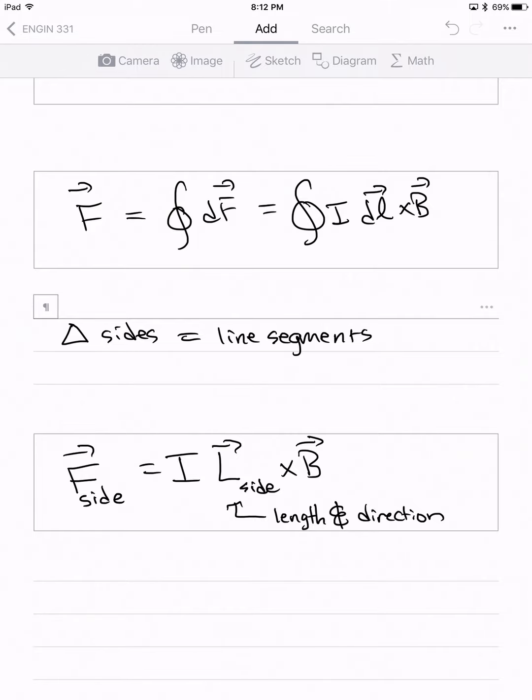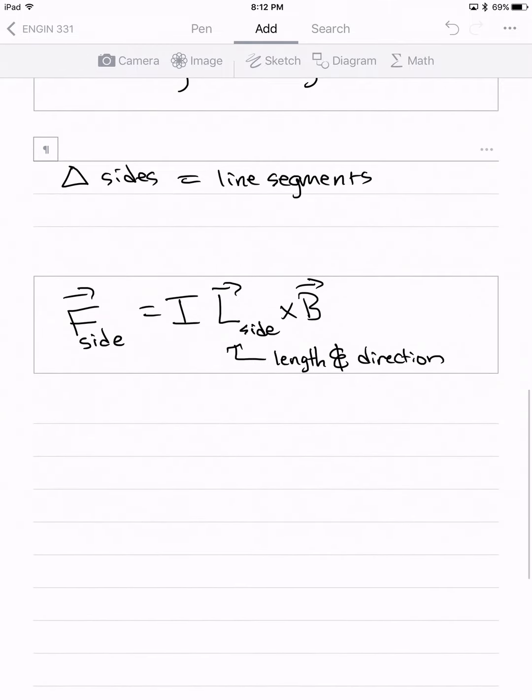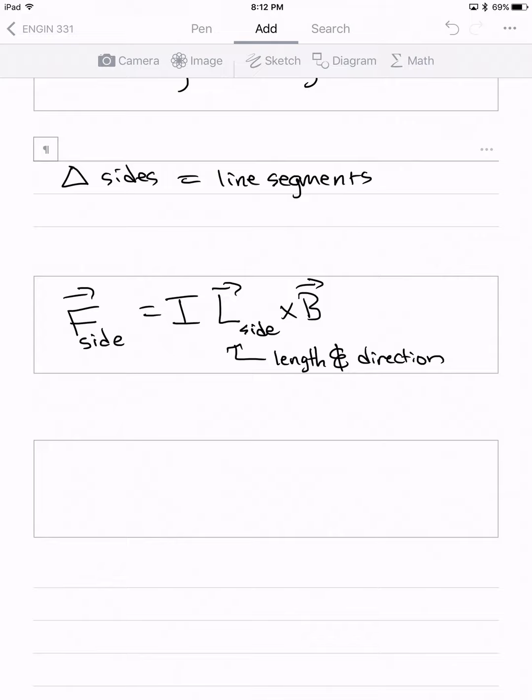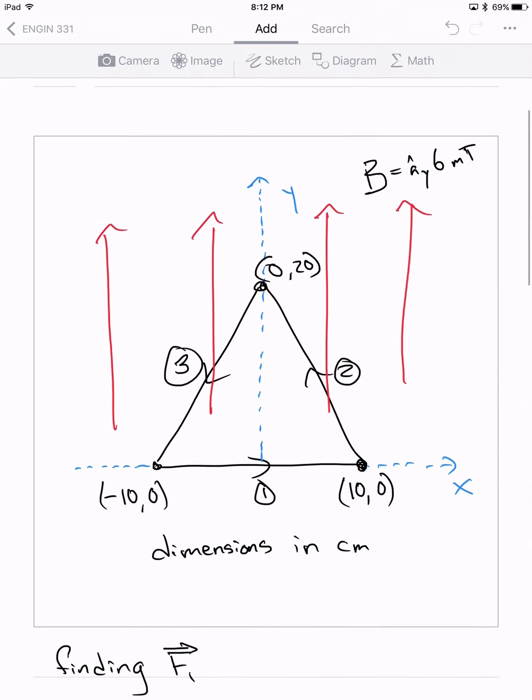All right, so for force number 1 on side 1, we have that L1 is going to be x-directed, and it has a length of 20 centimeters. You can see that by scrolling back up to that image here.